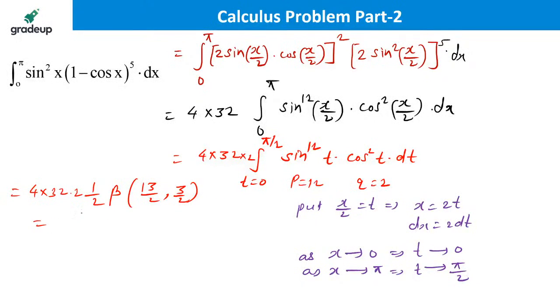See, 32 into 4, how much? 128. Beta function of 13 by 2 comma 3 by 2, that is gamma 13 by 2, gamma 3 by 2, and gamma of 13 by 2 plus 3 by 2. Add them, 16 by 2, that is 8.